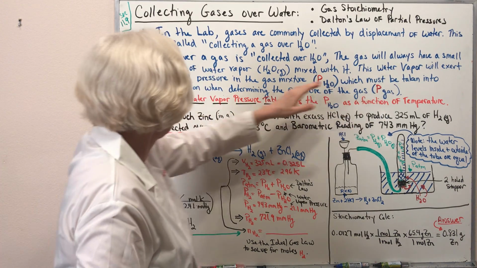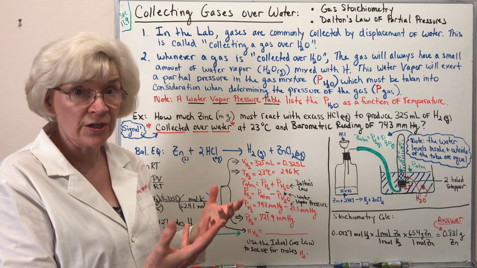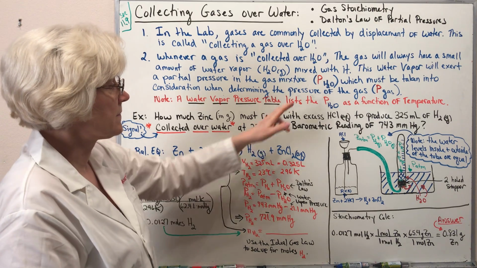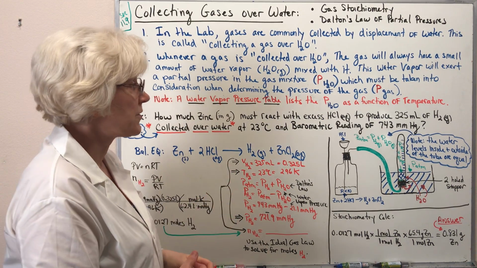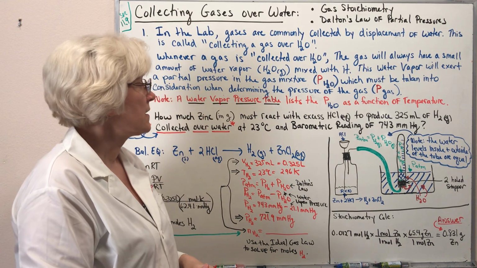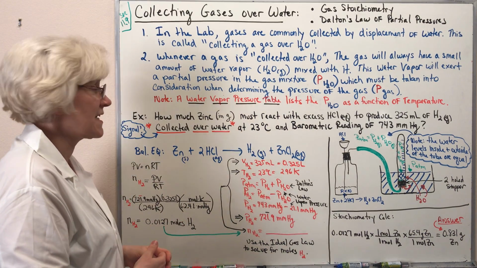This water vapor will exert a partial pressure in the mixture which has the gas that you are interested in collecting. So this partial pressure of water, called the water vapor pressure, must be taken into consideration when determining the pressure of the gas that you're interested in.